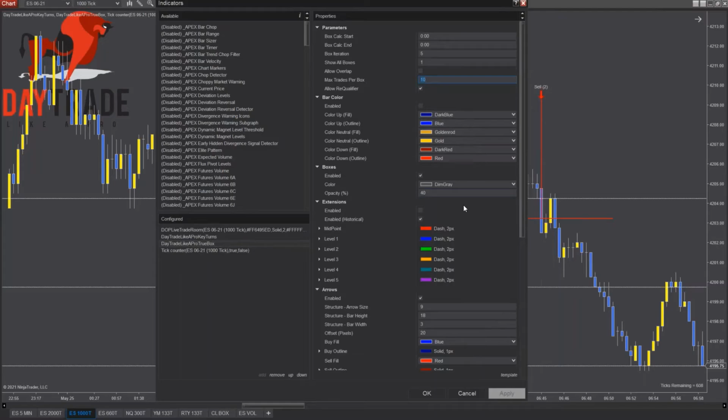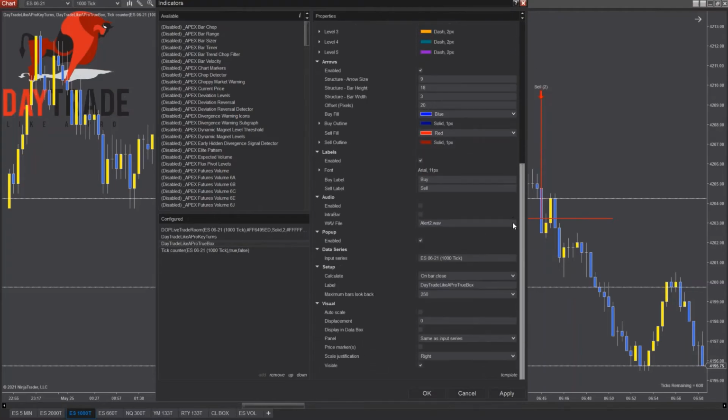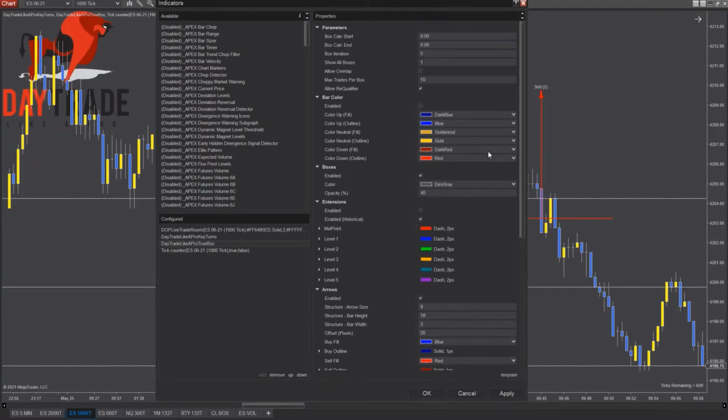Until another box appears, and these are settings that you can set, you'll continue to get new signals, whether buys or sells, and the specific criteria for showing a signal is that the candle closes above or below the box that's there.